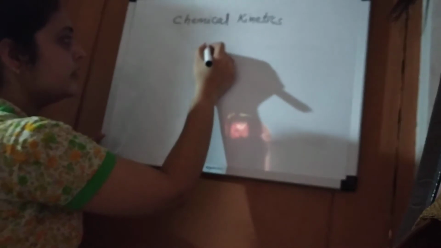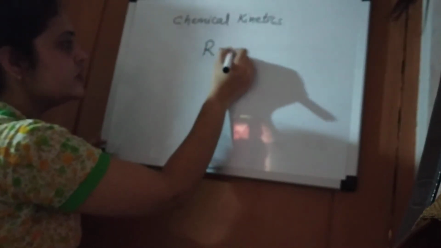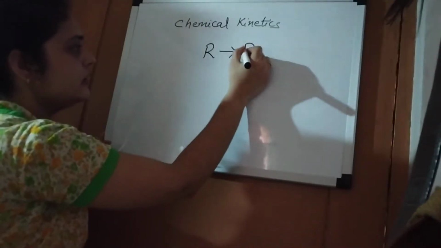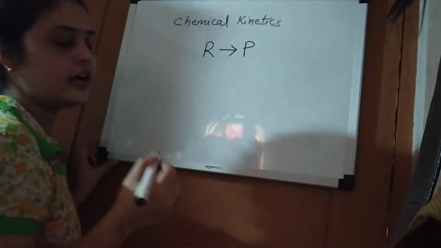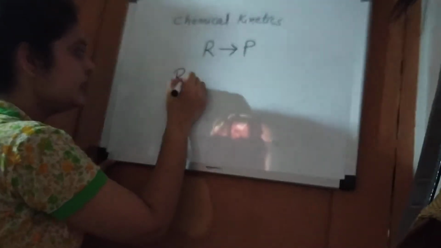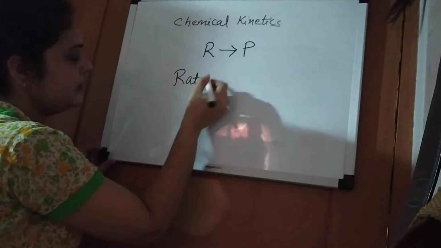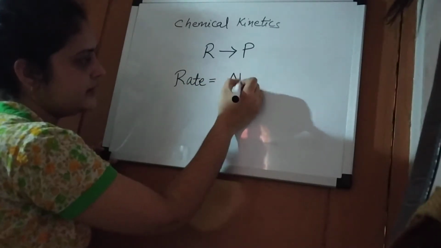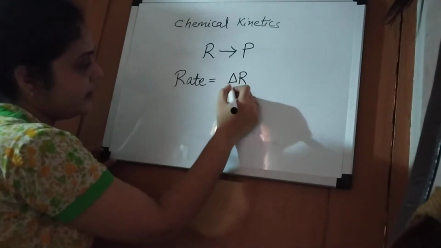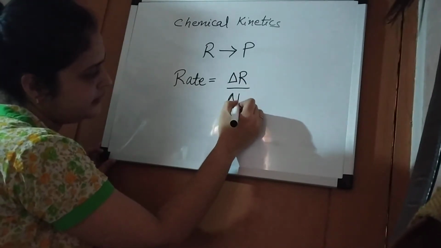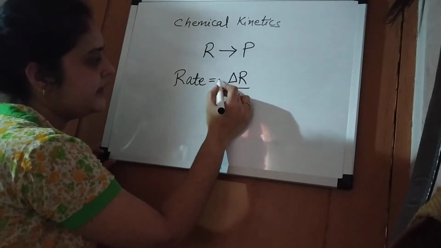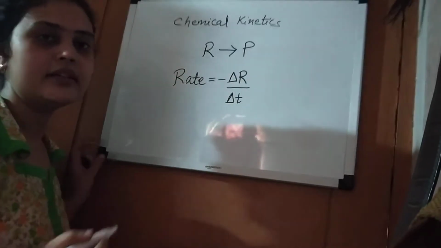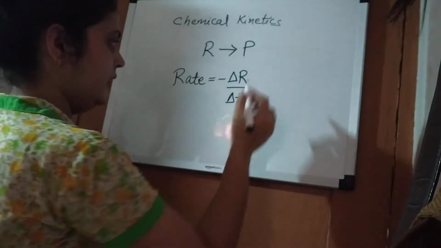So if we represent a reaction R changes to P, then what will be the rate of reaction? Rate of reaction will be equal to the change in concentration of reactant, that is delta R upon delta T, and there will be a negative sign because the reactant's concentration decreases over time.